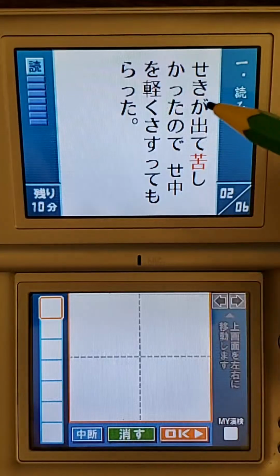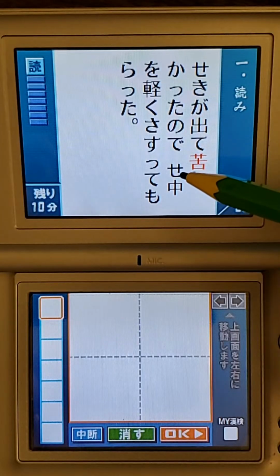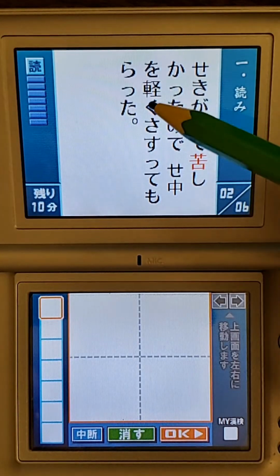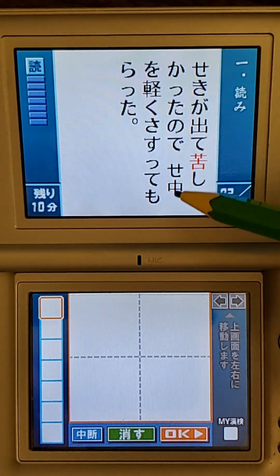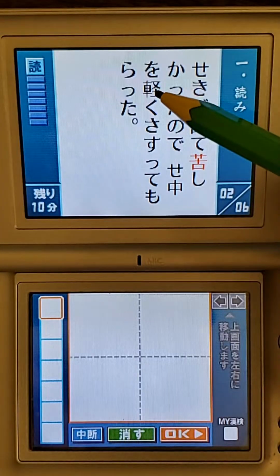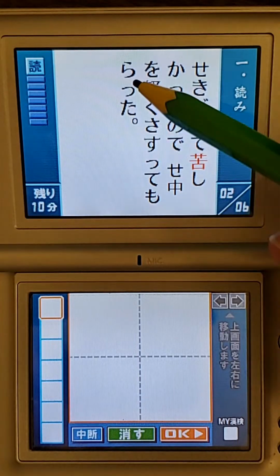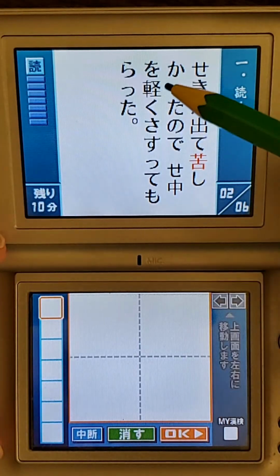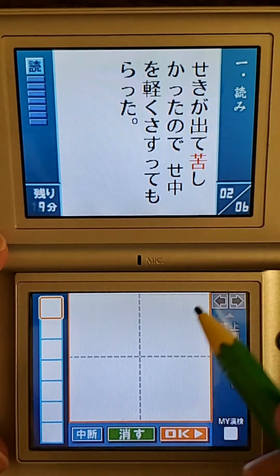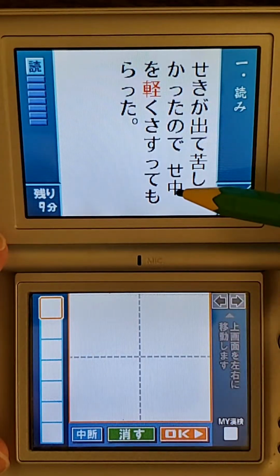Yeah, 一等。咳が出て苦しかったので、背中を軽くさすってもらった。If you don't have the kanji there, it's kind of hard to read it, to break it up. 咳が出て苦しい。そう、苦しかったので、背中.